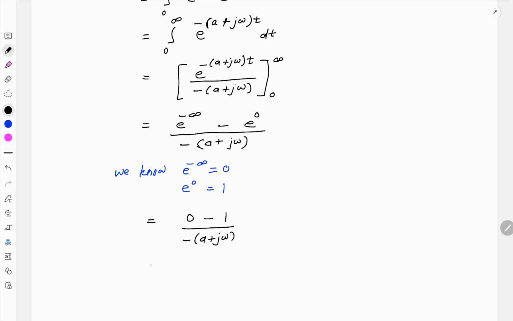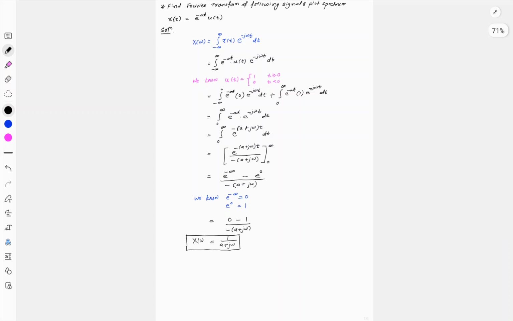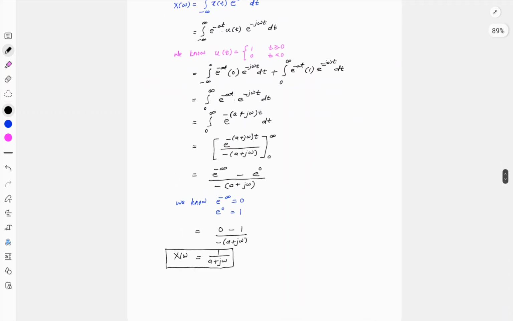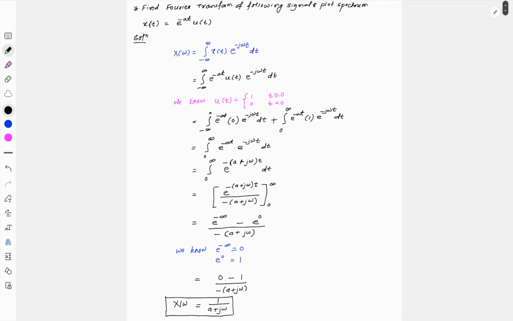So if we simplify it further, our X of omega is 1 upon a plus j omega. So this is the answer for the frequency representation of the given signal, which is e raised to minus at u of t. So this completes the first part, which is to find out the Fourier transform of the given signal.